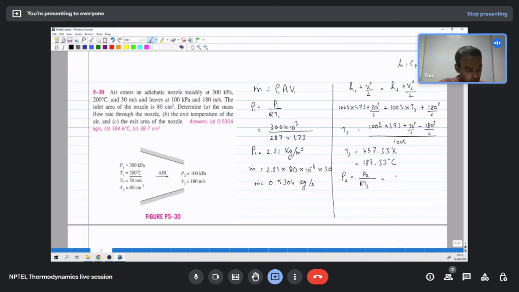P2 is 100 kilopascal, 100 into 10 power 3 pascals. R is 287, into temperature at exit, which is 457.33. So rho 2 can be calculated, which is 0.762 kg per meter cube.